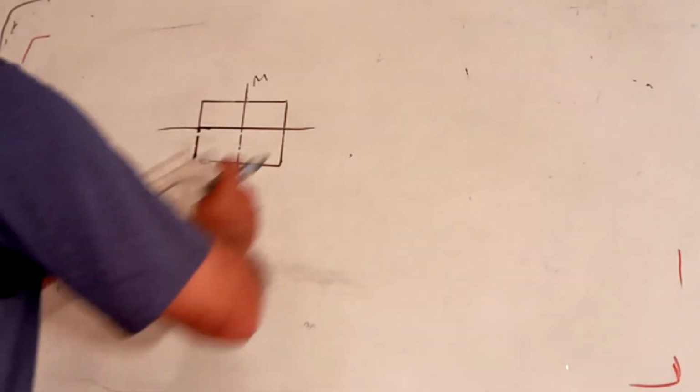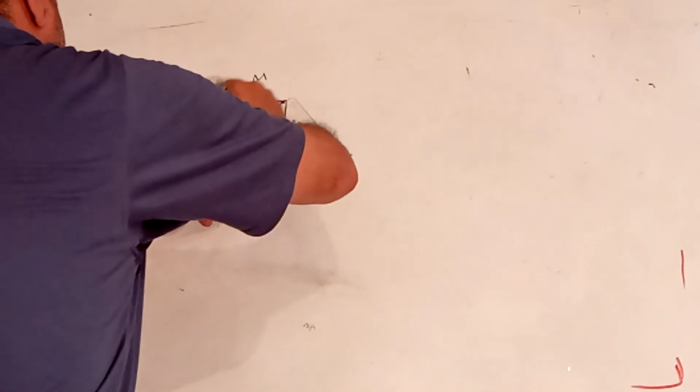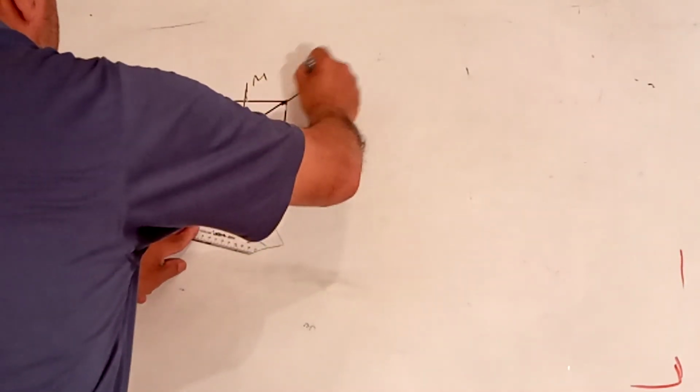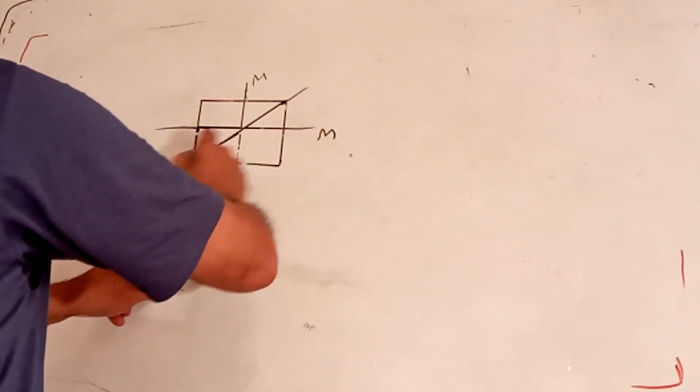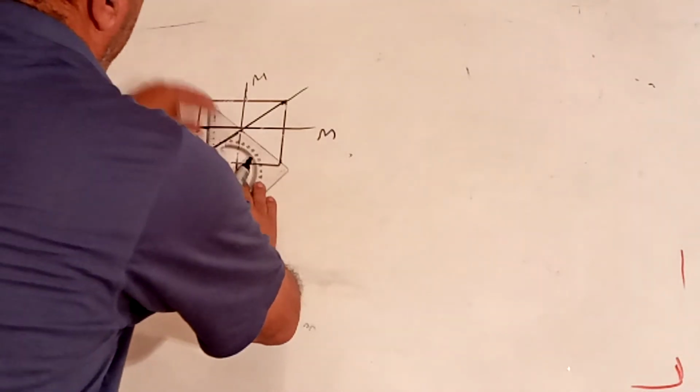Yeah, this diagonal here, why not? This is a mirror, this is a mirror. We have another mirror here, why not this diagonal here?